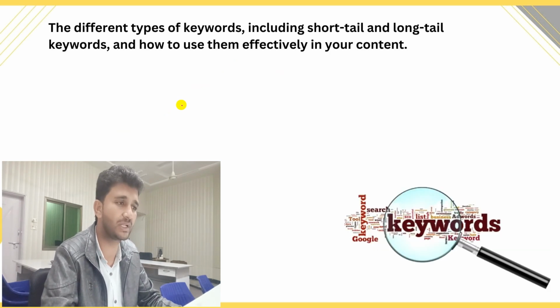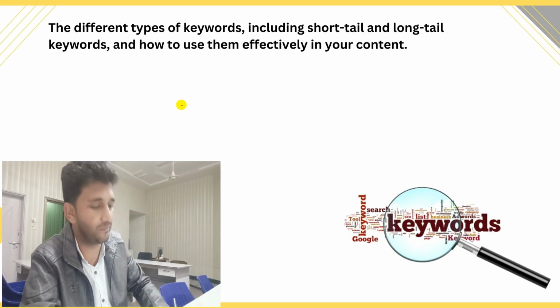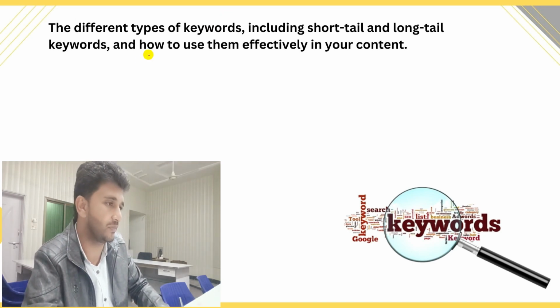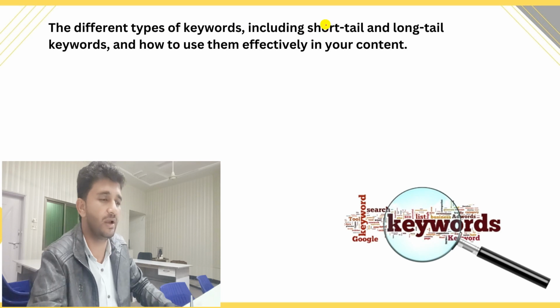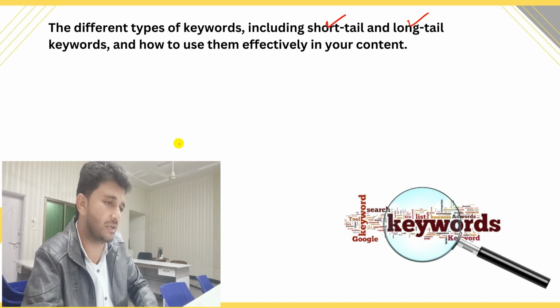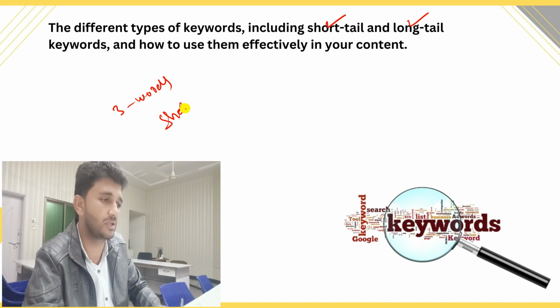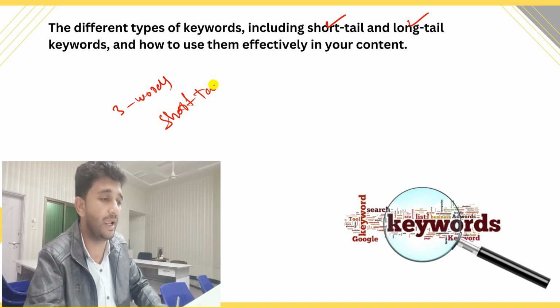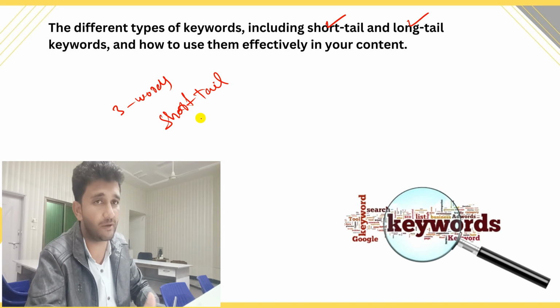Now we talk about the different types of keywords. There are two categories: short tail and long tail. By short tail, we mean a keyword that includes up to 3 words. These are considered short tail keywords, and the search volume is definitely high.